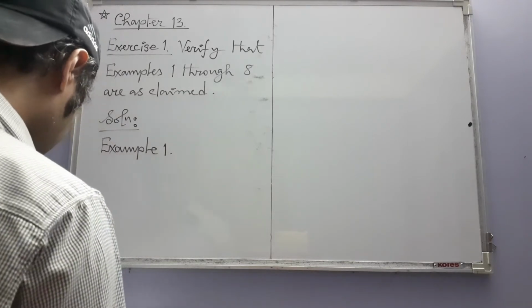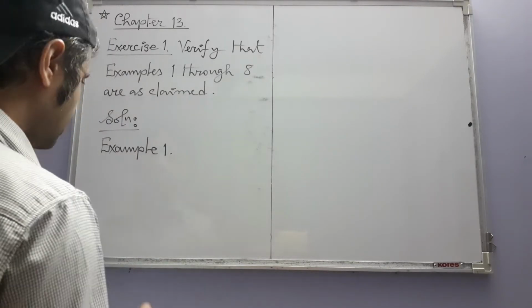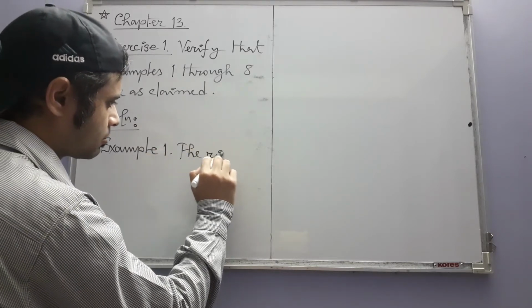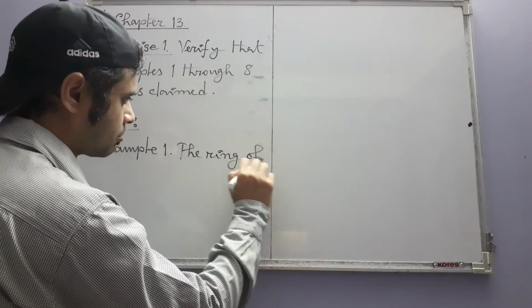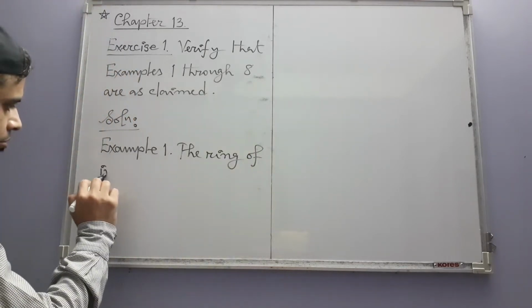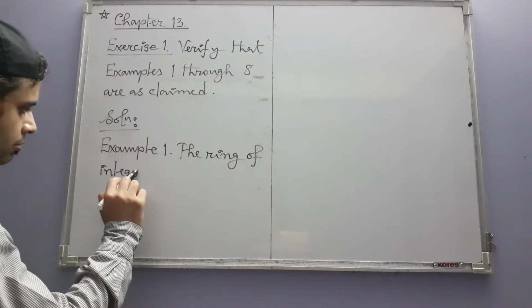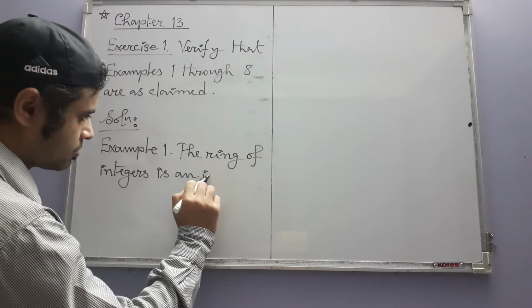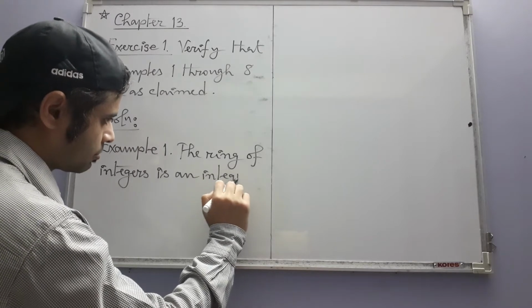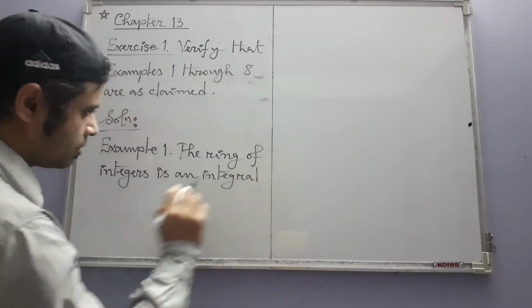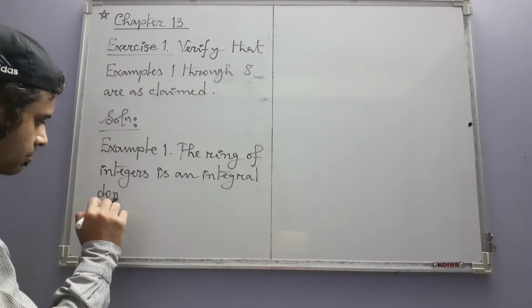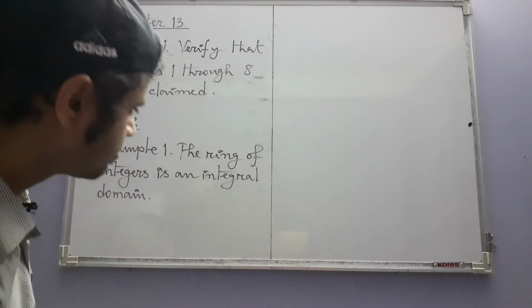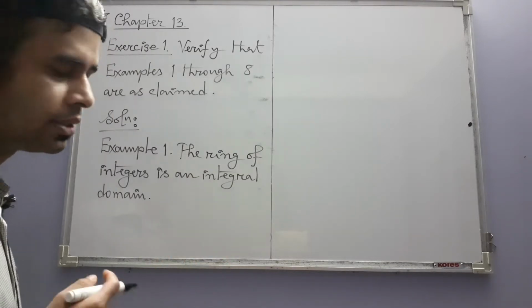Example 1 says this: the ring of integers is an integral domain. To justify this, we recall the definition of an integral domain.